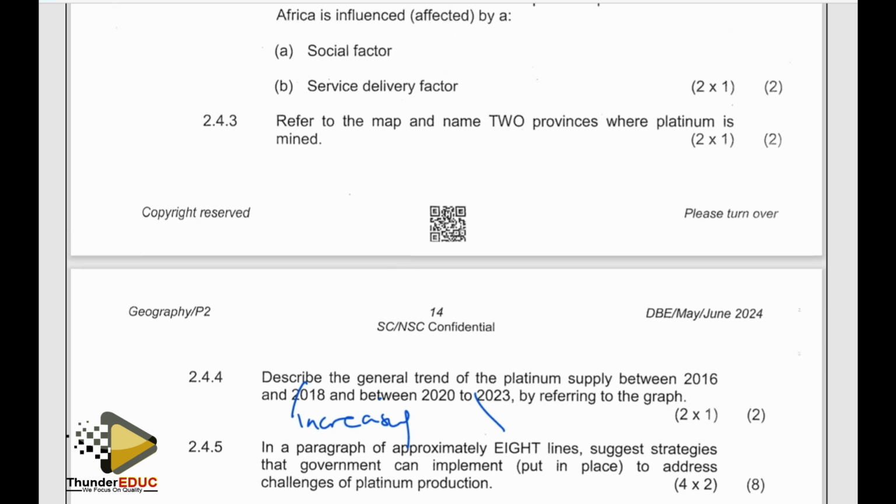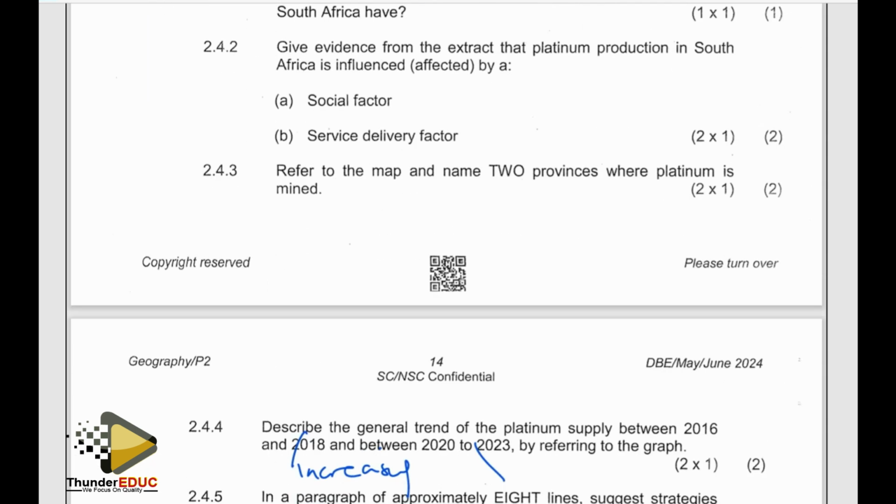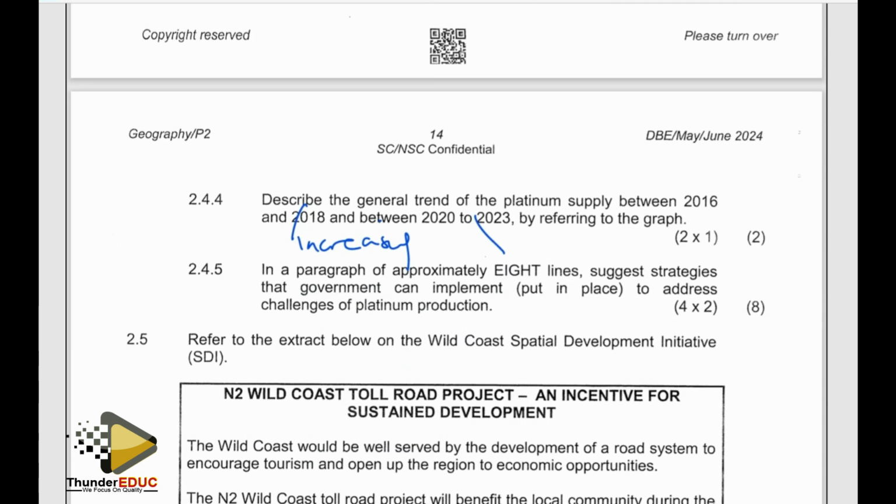We come here, 2020 to 2023. There. The trend is decreasing. The trend you can see there is decreasing. So that is how the trend is looking. For this phase, it's increasing, and for this phase, it's decreasing.